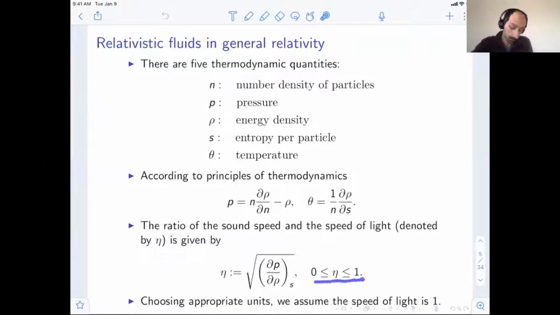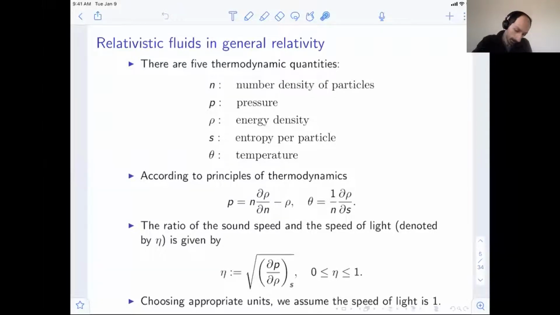This will always be between 0 and 1, where 1 is the normalized speed of light. But we're allowing it to equal the speed of light. In fact, we'll eventually be interested in this case. Okay, so that's the notation for the thermodynamic quantities.